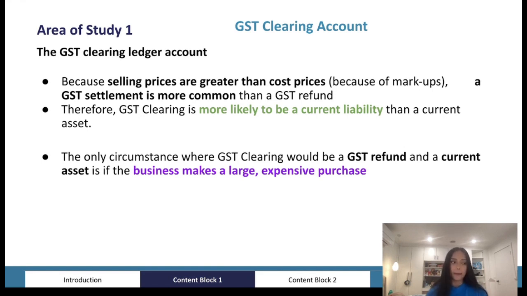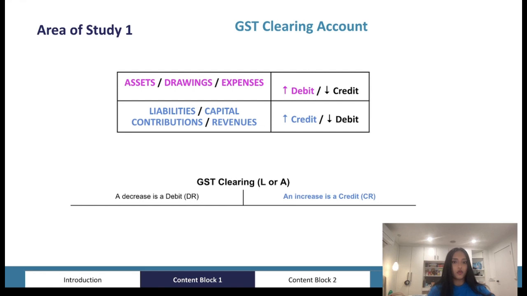So if that happens, then it is possible for the business to pay more GST than it receives. And in this case, GST would be a current asset, which means that the business is owed a GST refund from the Australian Taxation Office. But usually this is a rare occurrence because the business will only make a large purchase every now and then. It's not really something that occurs regularly.